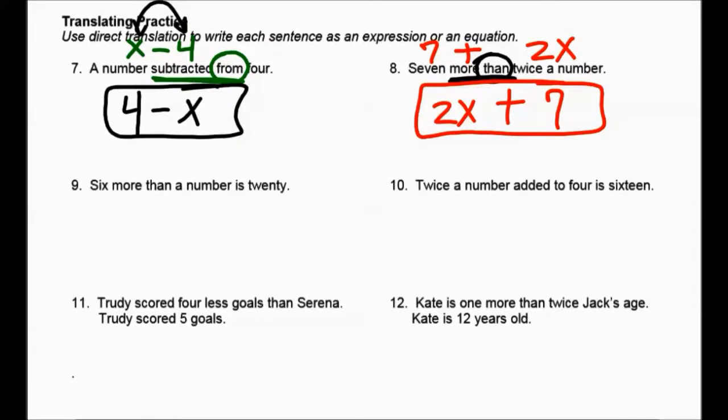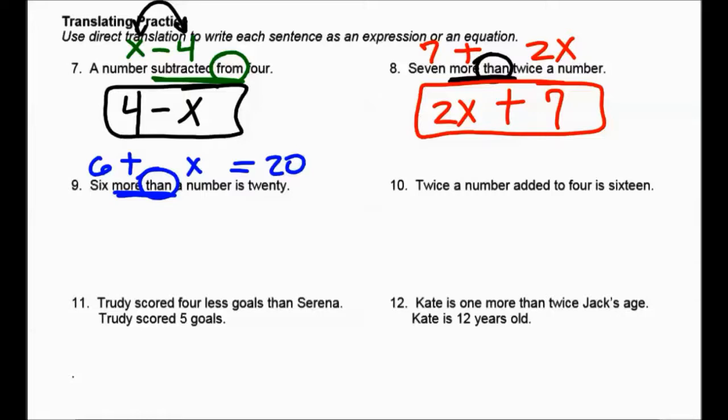Okay, this next one. 6 more than, from then to switcheroo. So we have 6, more than means to add. We have a number, is means equals, and then 20. Now guys, this is where people tend to get mixed up. Remember, we're only switching what we are adding or subtracting.